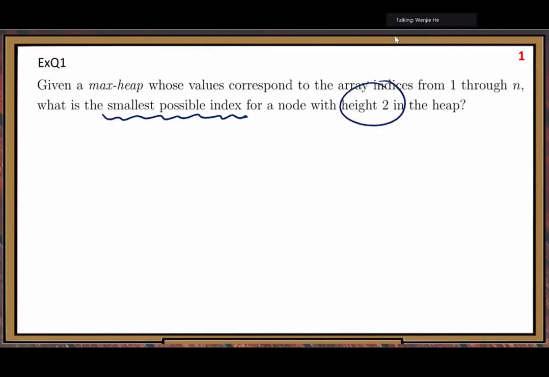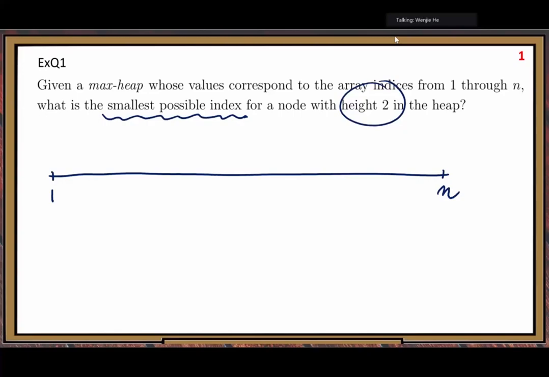We need to draw a diagram. Let me draw a line segment representing the array corresponding to this max heap, position from 1 through position n. First, let's look at the portion corresponding to the leaves.